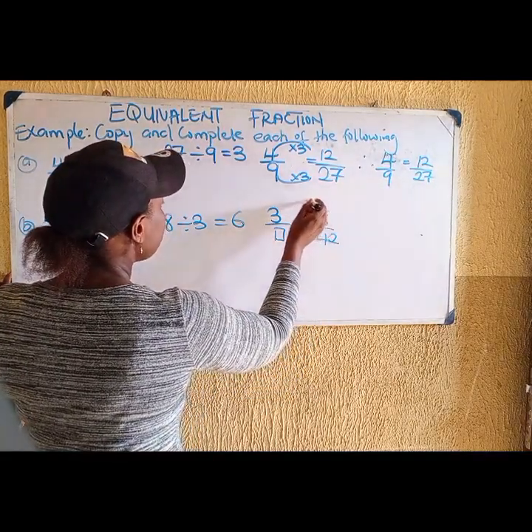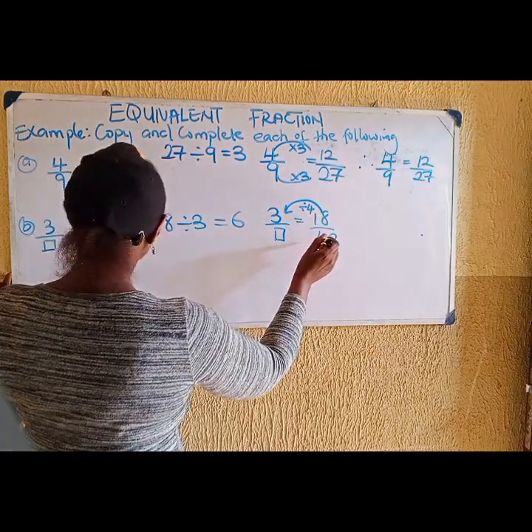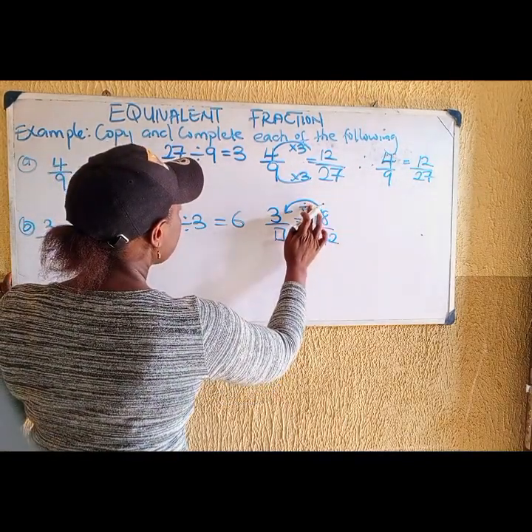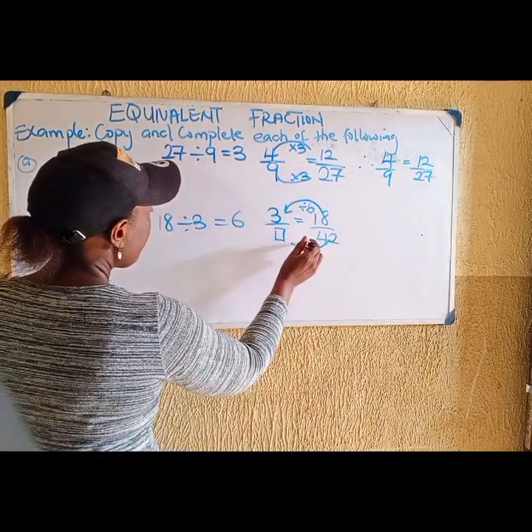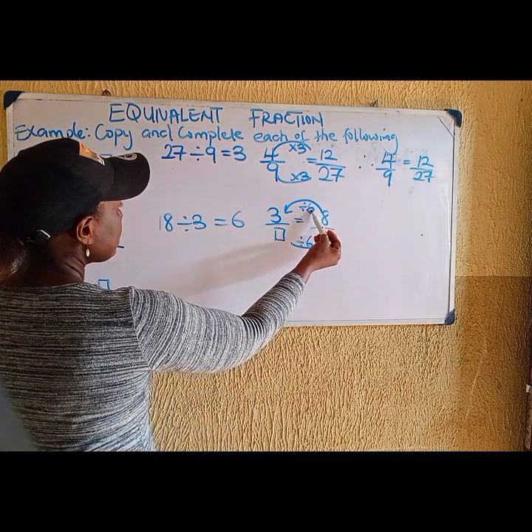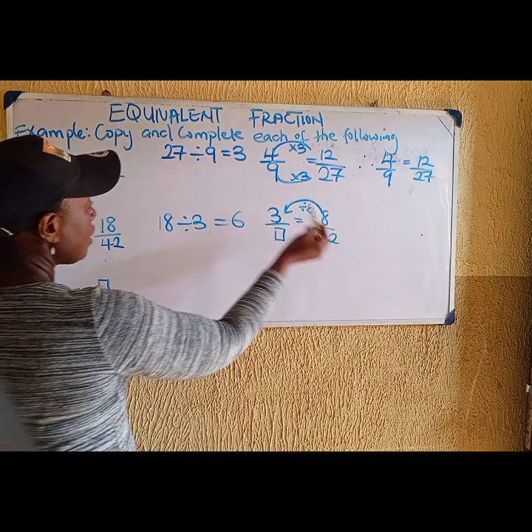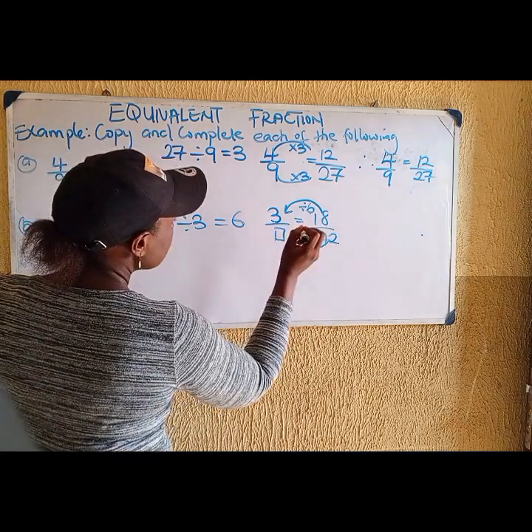We divide up by 6, and we divide down by 6. 18 divided by 6 will give us 3, and 42 divided by 6 will give us 7.